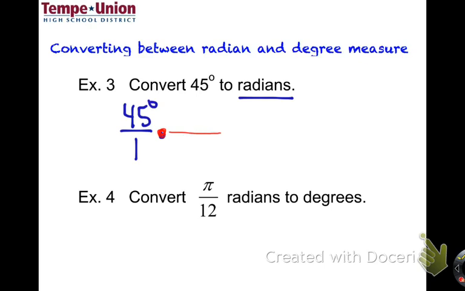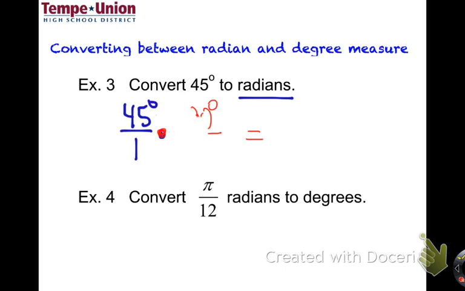So I always think, what's going to cancel out the degrees? Is it going to be 180 degrees over pi? No, because if I multiply these together, that's just going to be a bigger number, and it's still going to be degrees on the top. It's not going to get rid of the degrees at all. So that's not the thing to multiply by.